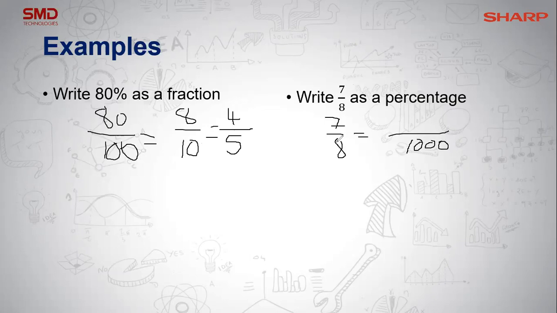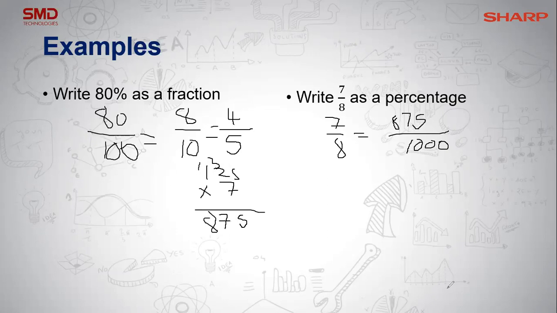We know 8 times 125 will give me 1,000, so we have to say 7 times 125. So 7 times 5 is 35. Carry the 3. 7 times 2 is 14, plus 3 is 17. Write down the 7, carry the 1. 7 times 1 is 7, plus 1 is 8. So there it is.